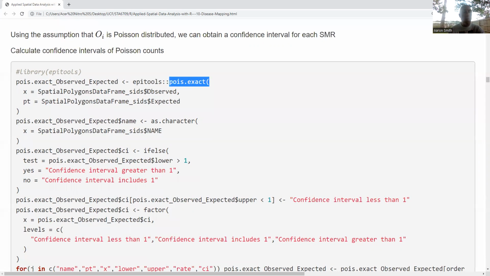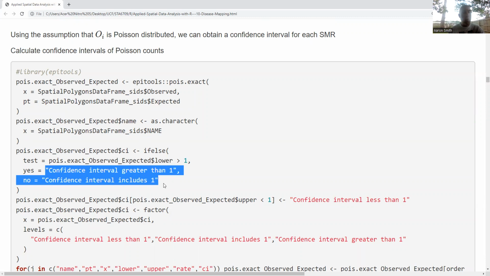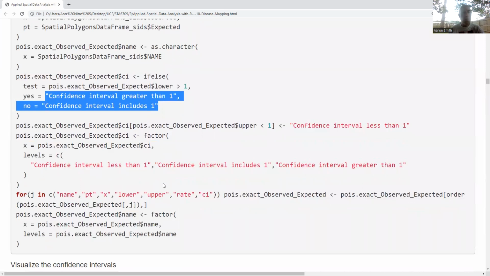I give it the observed and the expected, and this will end up giving me a data frame. I'll go ahead and tack on the names of the counties. Here I'm putting on a label just to make things easier to read and figure out what's going on.